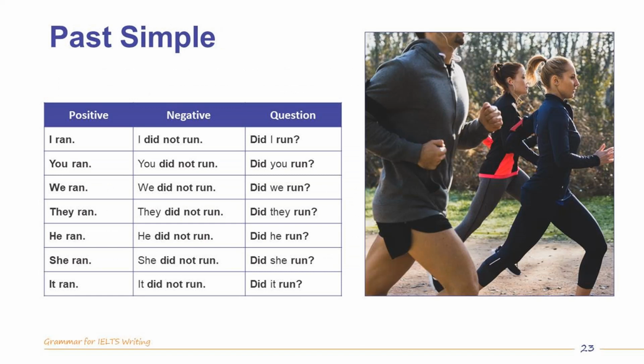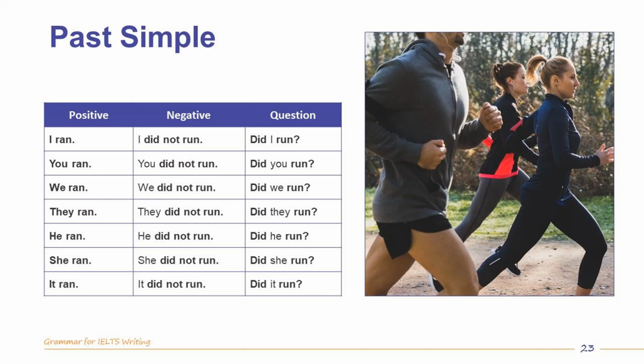The past simple is a really common and basic part of the English language, and knowledge of it is essential to IELTS success. Generally speaking, we form the past simple by adding ed to a verb. However, in English there are hundreds of irregular verbs.